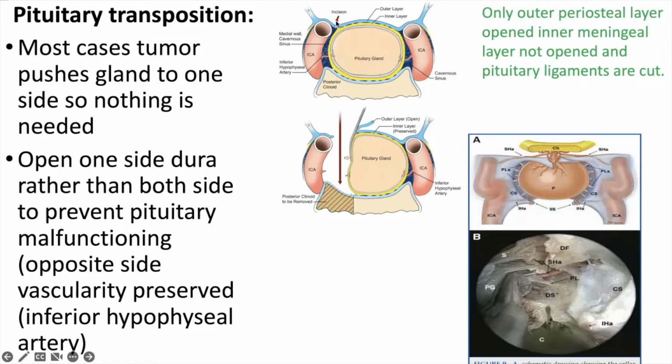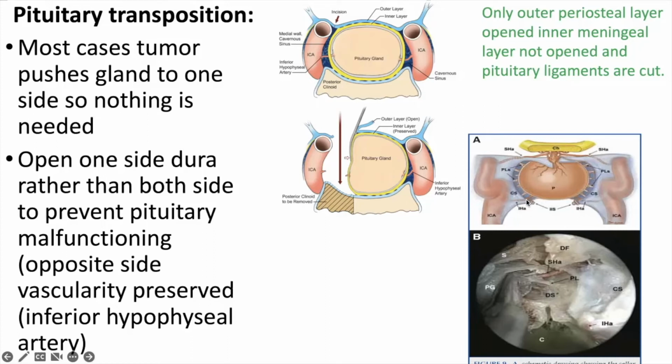So cut the periosteal layer of the covering and leave the meningeal layer, and then cut those ligaments extending between the pituitary gland and the lateral wall.